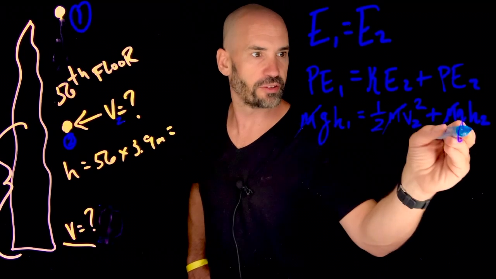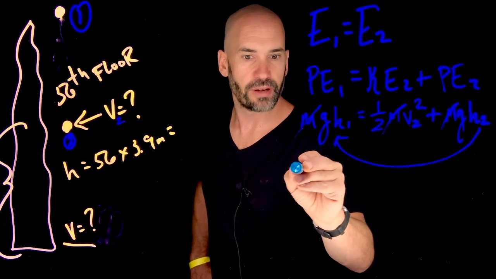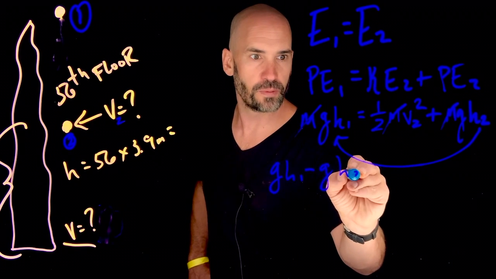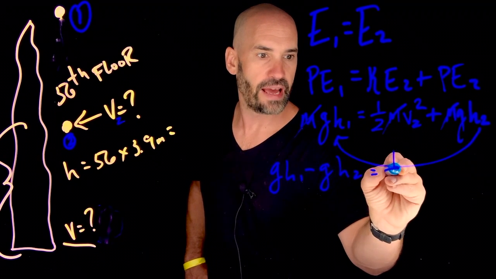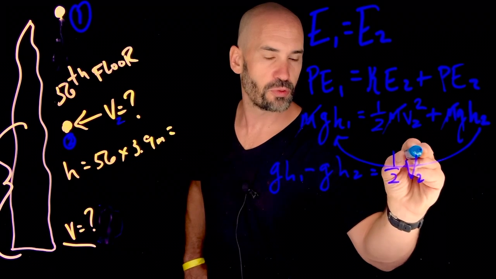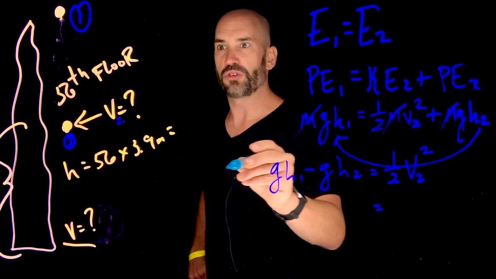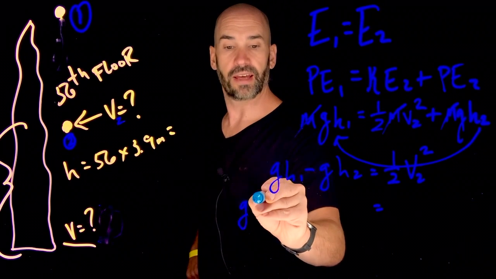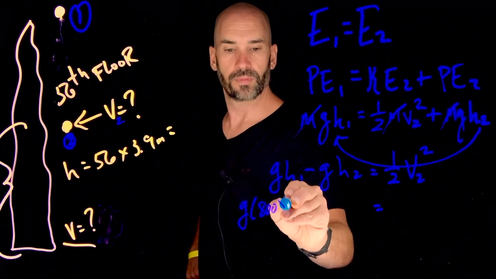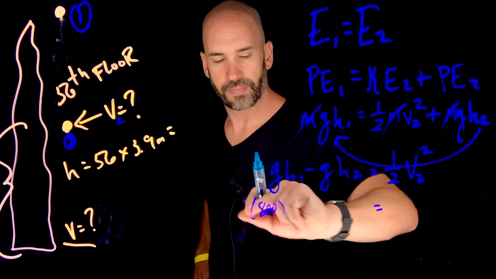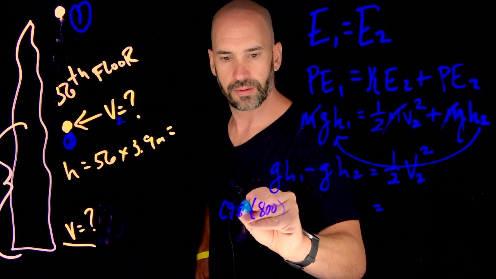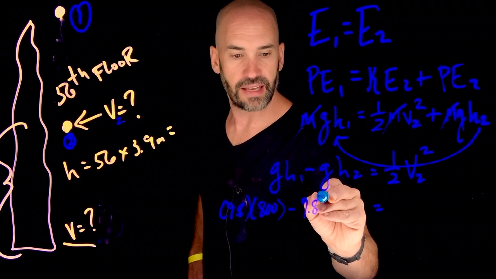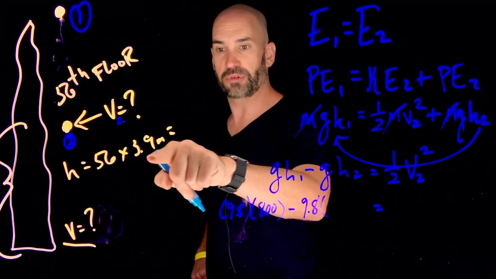Well, now I'm going to just subtract this over to here. So I have gh1 minus gh2 equals 1/2 v2 squared. My h1 is, again, 800. And I'll go ahead and put 9.8 there. So 9.8 times 800 minus 9.8 times this height, remember, is 56 times 3.9, right?